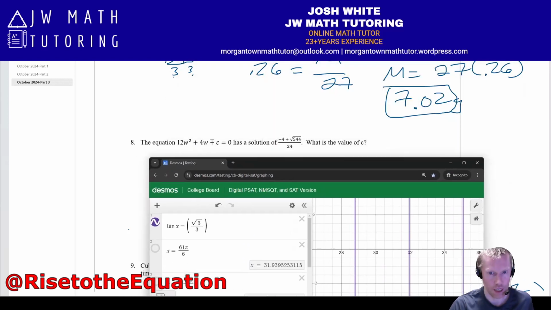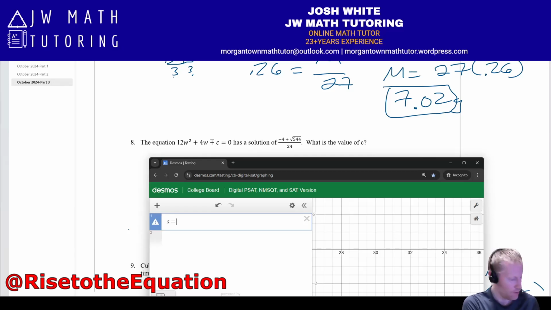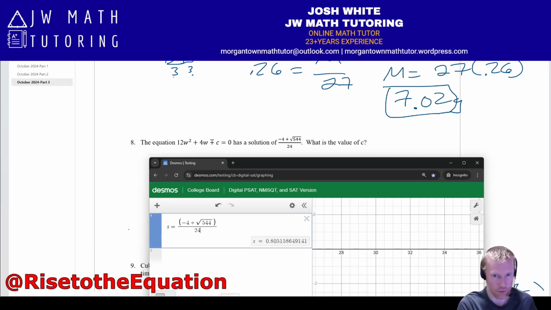Again, this is not something that I had used frequently or thought about, but I'm going to define S as the solution that you're given: negative 4 plus square root 544 over 24. I'm just defining this to be S.